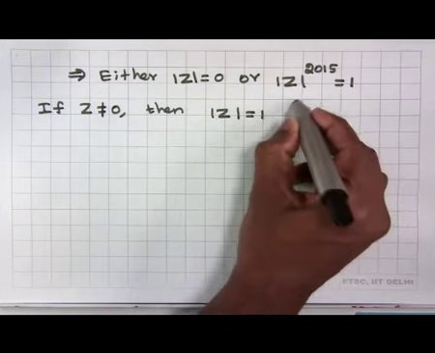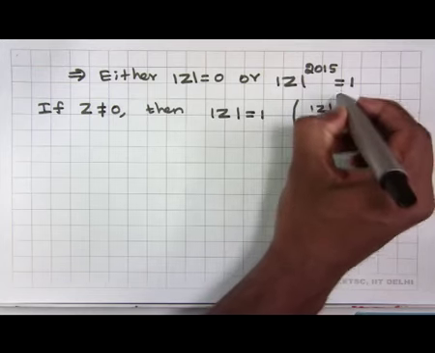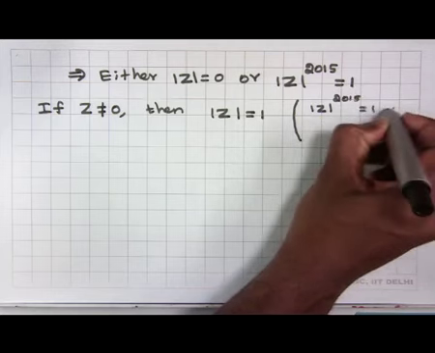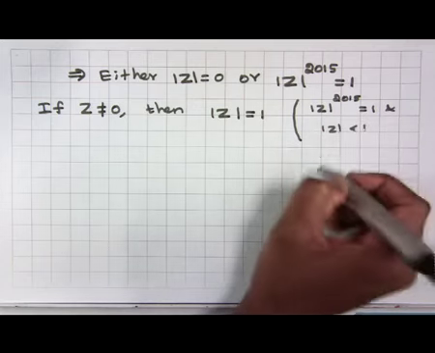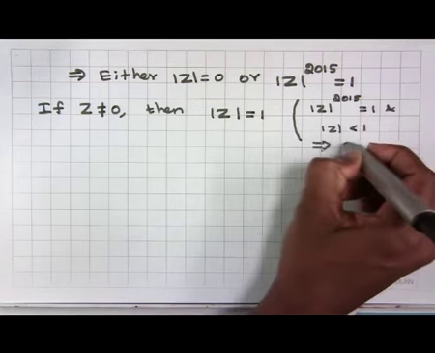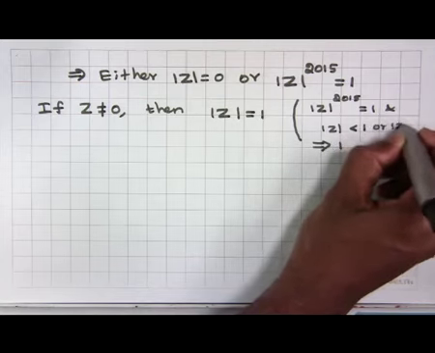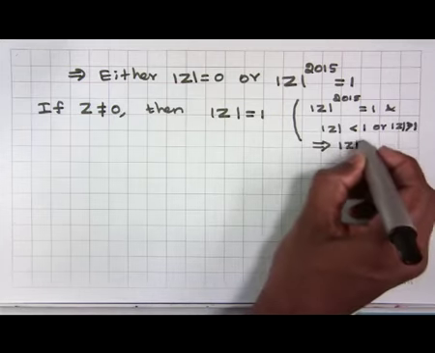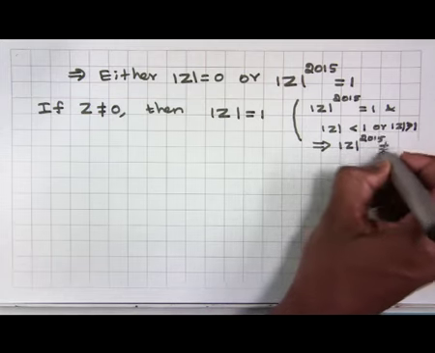Why? Because if mod z power 2015 is 1 and suppose mod z is less than 1 or greater than 1, you immediately see that mod z power 2015 cannot be equal to 1.